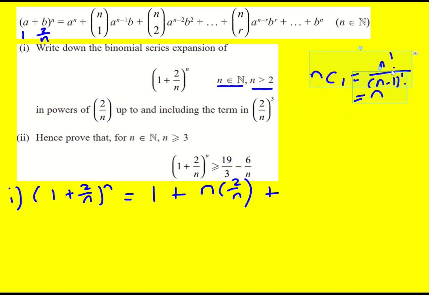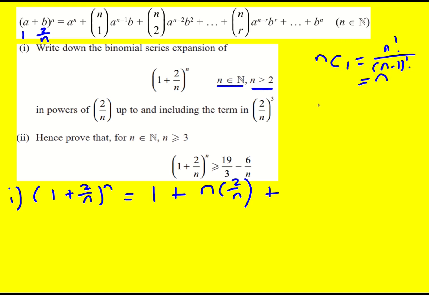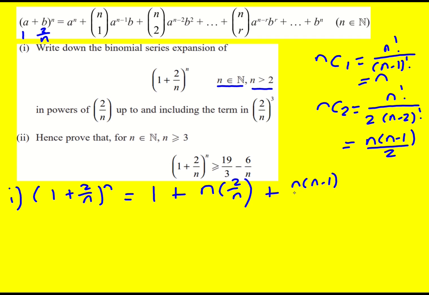Do you know what? Let's also just figure this out by the side. nC2 is going to be n factorial over 2 factorial, which is just 2, times n minus 2 factorial. This becomes n times n minus 1 over 2. And that'll be times 2 over n squared.